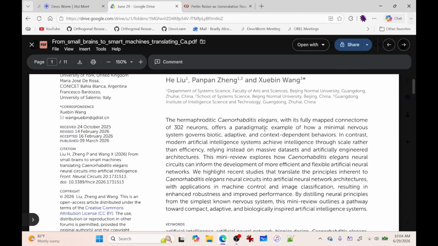In contrast, modern artificial intelligence systems achieve intelligence through scale rather than efficiency. So the implication is that C. elegans is all about efficiency, where we have a minimal nervous system governing all these diverse behaviors. But in artificial intelligence, we're just throwing scale at the problem rather than efficiency.